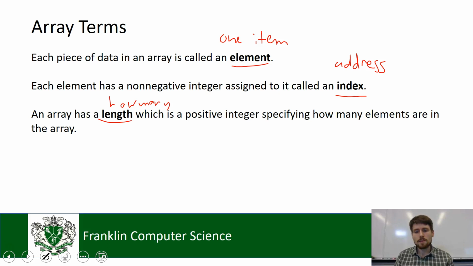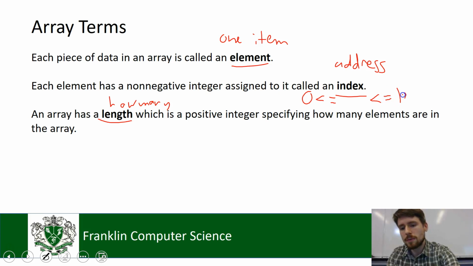Now, one thing to remember is that arrays are 0 indexed, just like strings are, right? They start at 0, and so indexes always have to be greater than or equal to 0 and less than or equal to length minus 1. Those are going to be valid indexes for an array.